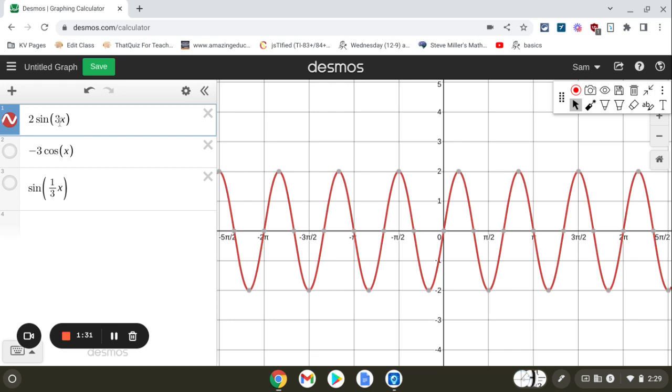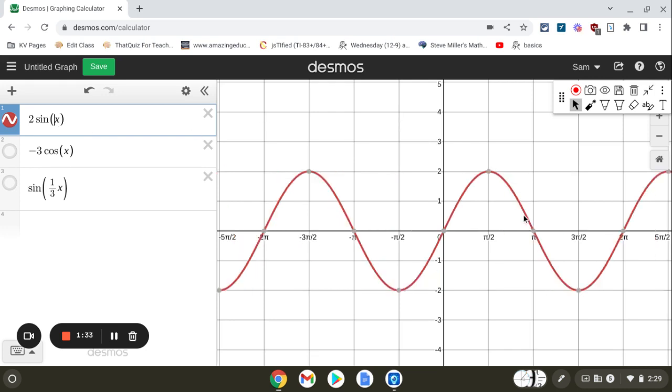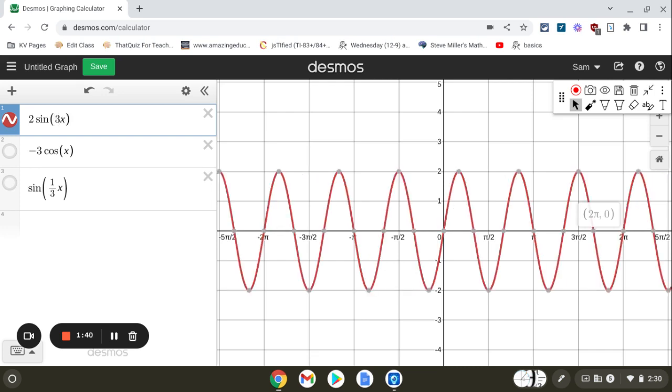If I didn't have that 3 there, it would take 2 pi units before it starts completing a cycle. But now it makes a full cycle at 2 pi over 3. That's how long it takes for it to repeat itself.